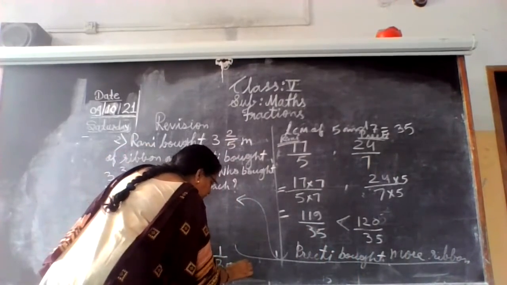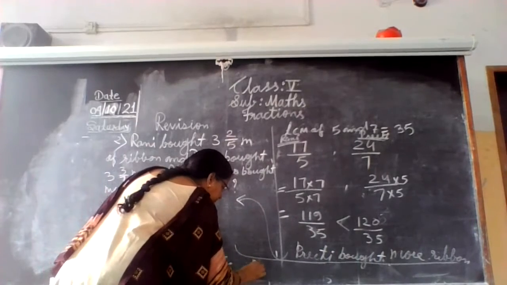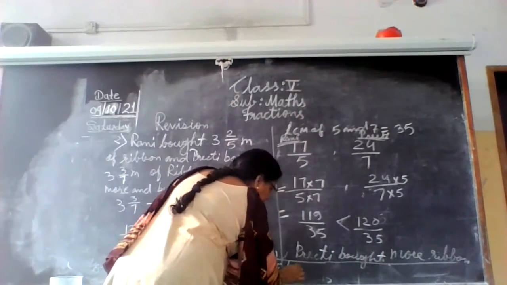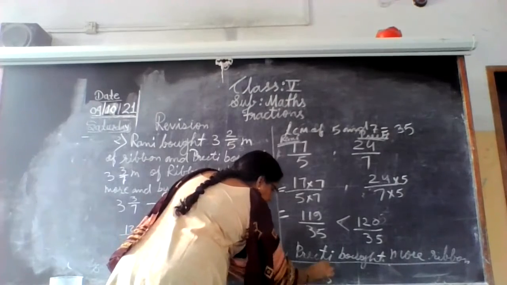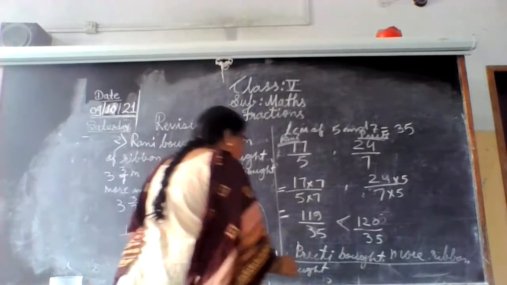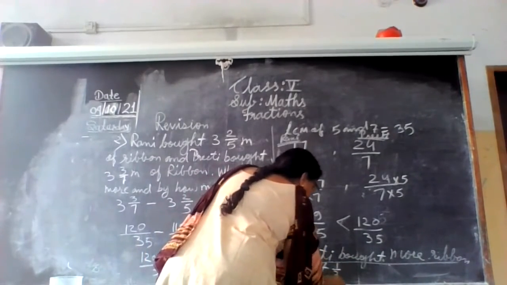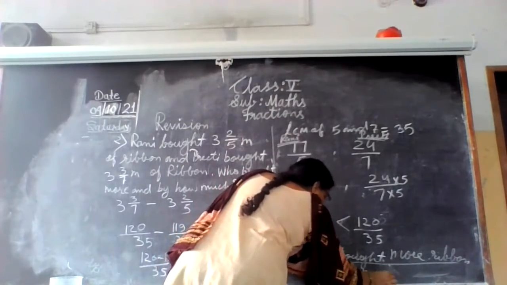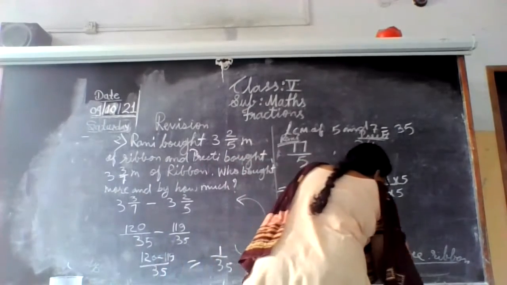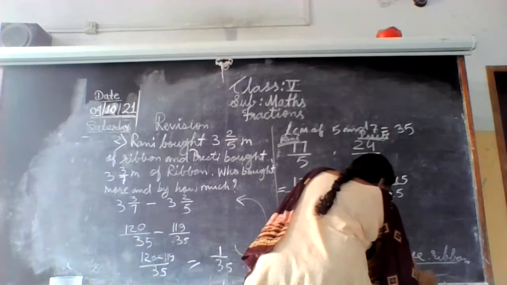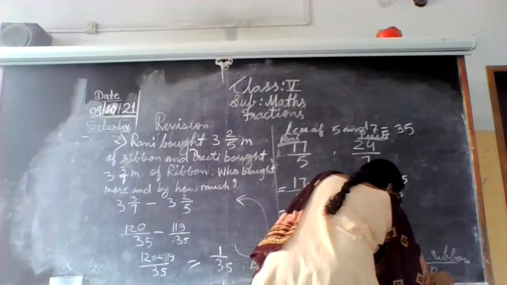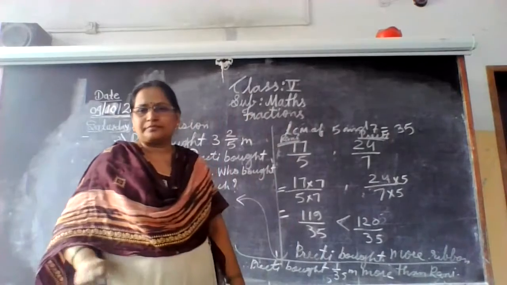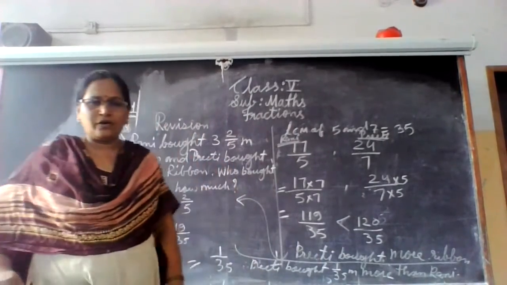Preeti got, therefore, 1 upon 35 meter more ribbon than Rani. Got it, beta?